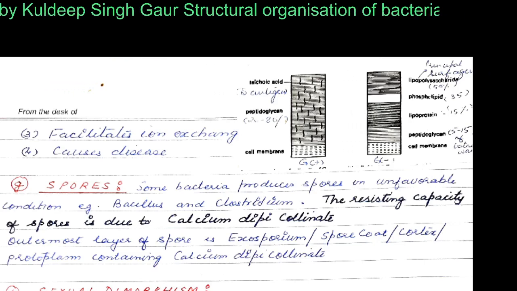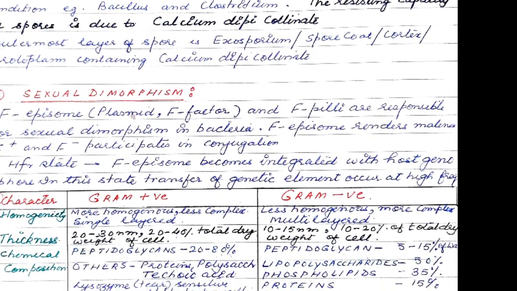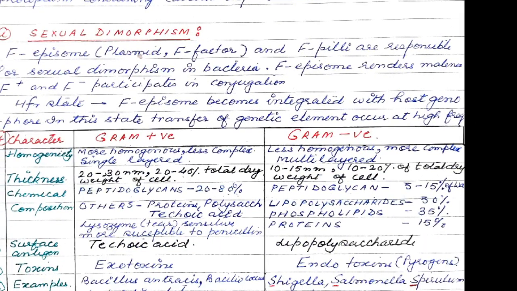That means much heterogeneity is there, and it is multi-layered. The thickness is 20 to 30 nanometer, whereas gram positive bacteria have a thickness of 10 to 15 nanometer. Not much difference is there in the thickness.